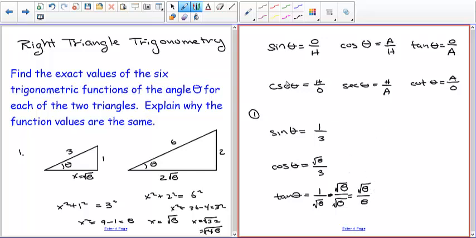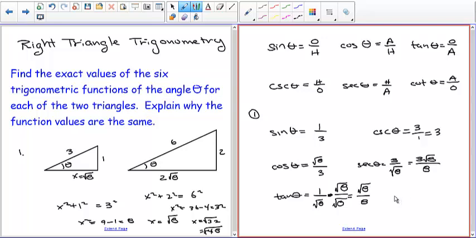Now, all these other trig functions are just the reciprocal. So you get the cosecant is 3. The secant of theta is 3 divided by the square root of 8, or 3 times the square root of 8 divided by 8.